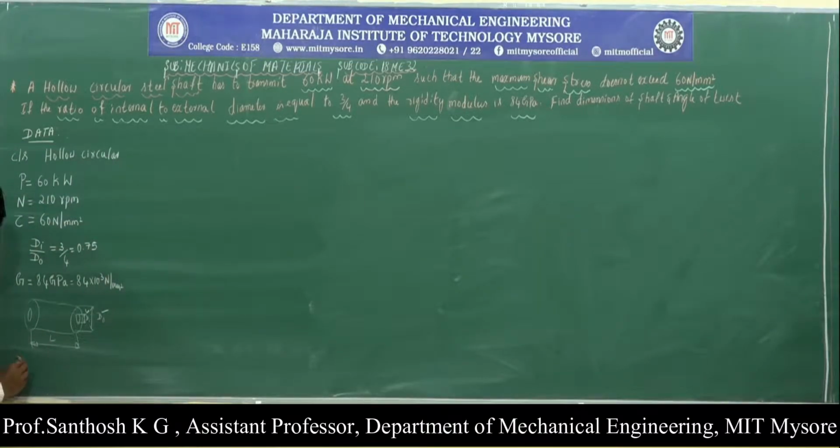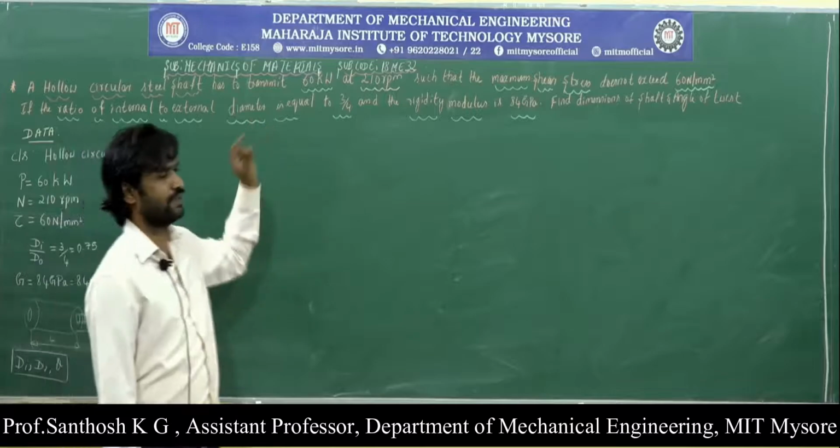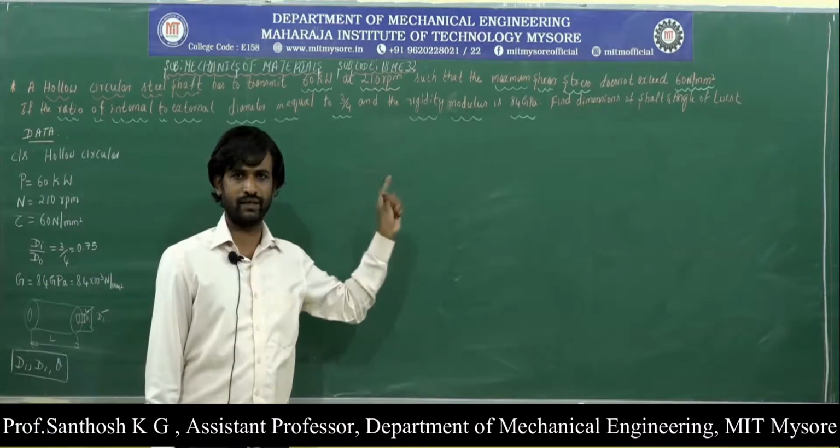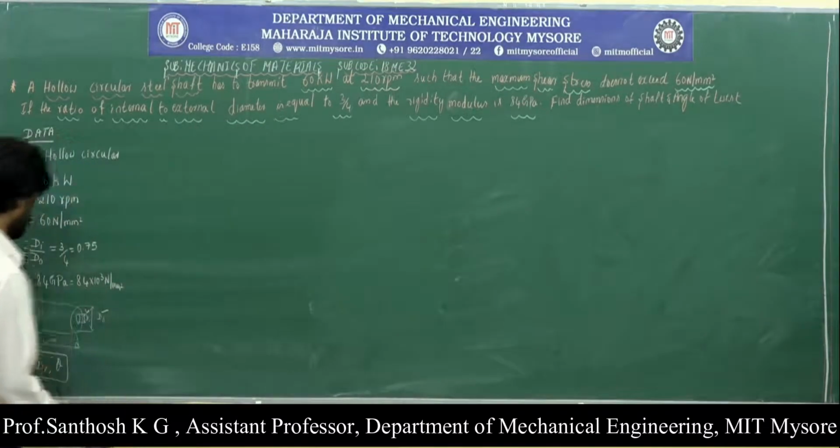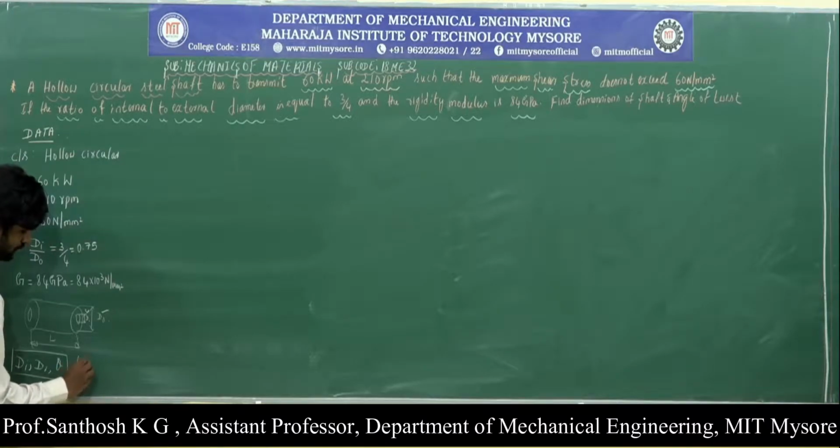Therefore I need to find Di, D naught and theta using the given data. Suppose the length of the member is not given, then we should assume the length to be 1 meter, or 1000 millimeter.